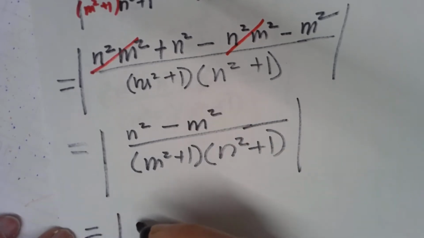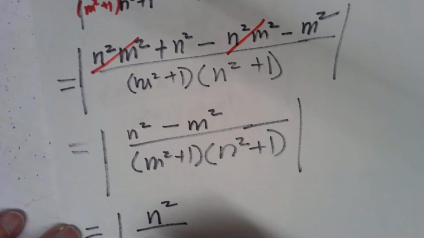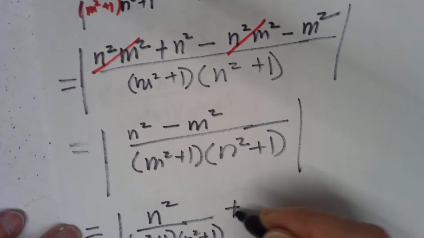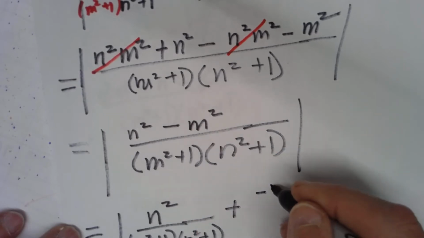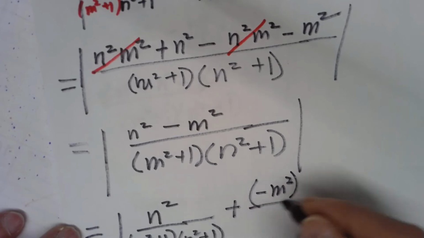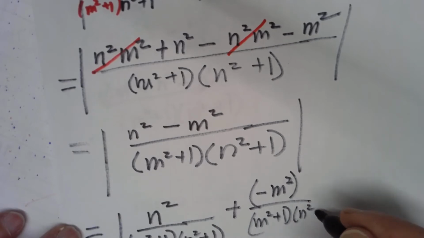Okay, so from here we can split that into n squared over m squared plus 1 times n squared plus 1, plus negative m squared over the same common denominator, m squared plus 1 times n squared plus 1.